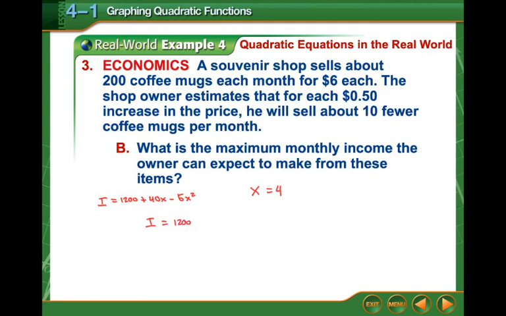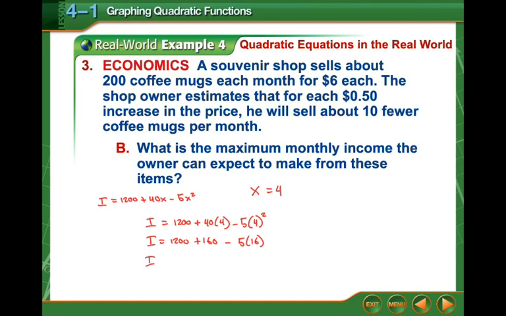So 1200 plus 40 times 4 minus 5 times 4 squared. Forty times 4 is 160. And 4 squared is 16. 5 times 16 is 80.